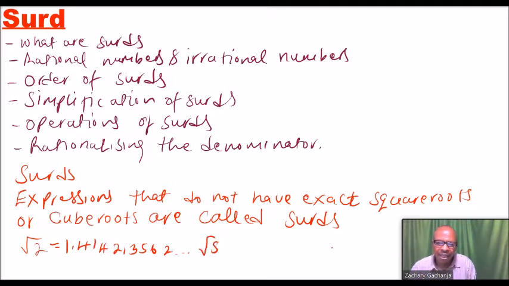So that's what we mean. So root 2 is a Surd. Root 5 is a Surd. We have the cube root of 36 that doesn't have an exact cube root.